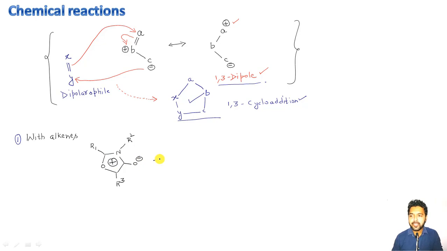If you remember that structural representation, I can represent this in another way: nitrogen here, R2 on this side, a single bond oxygen here, single bond carbon having this R3 group, and moreover this has oxygen negative.